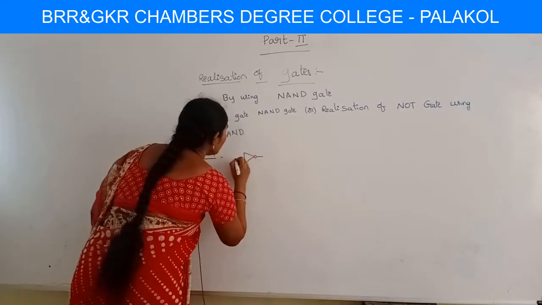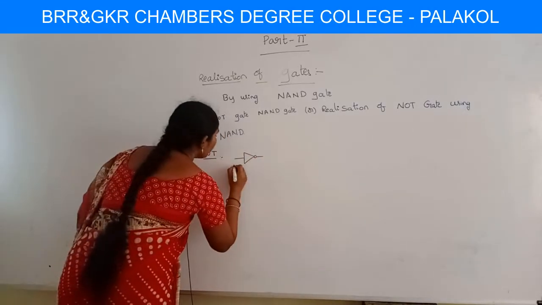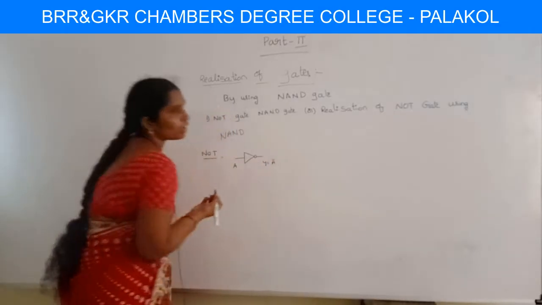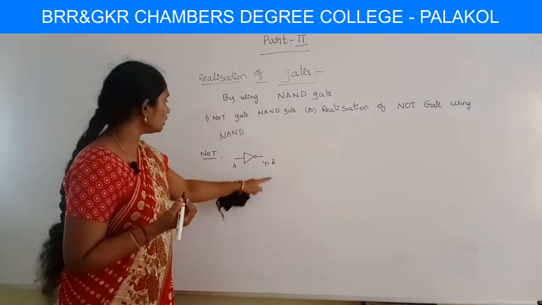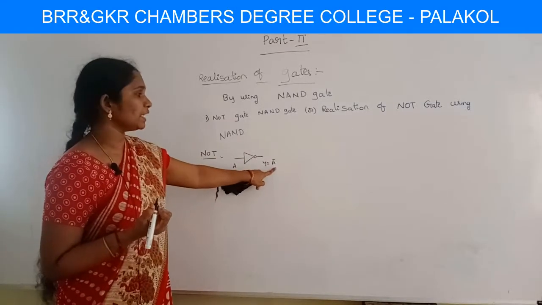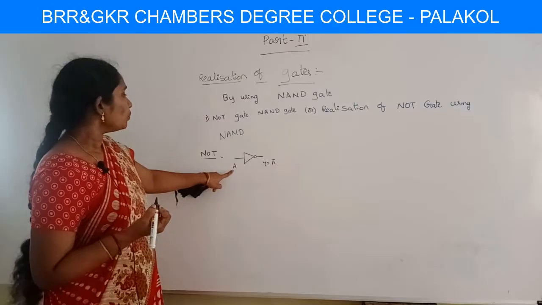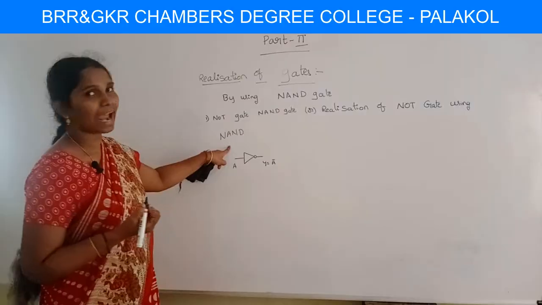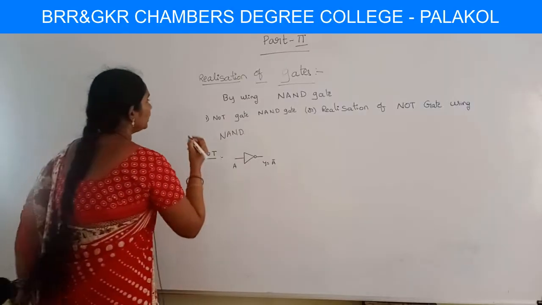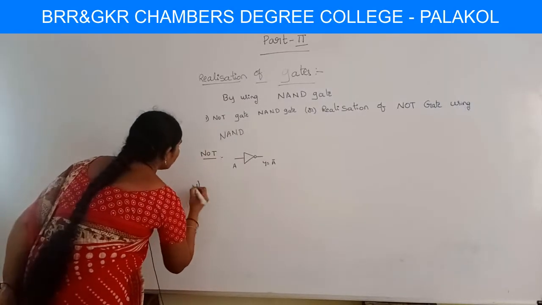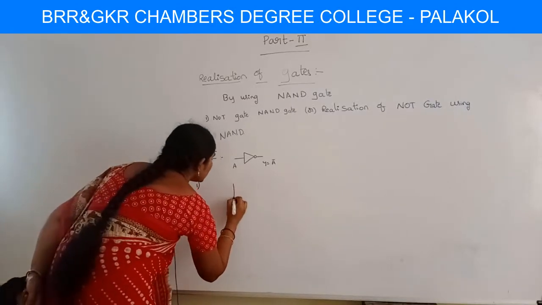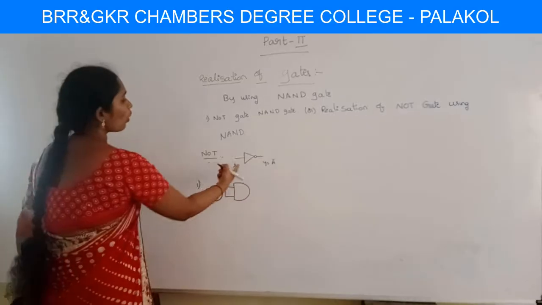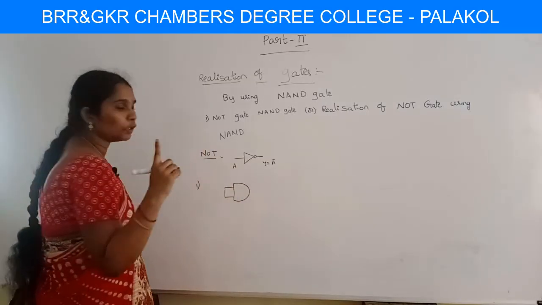When we apply an input A, the output is equal to A bar, that is y is equal to A bar. We have to implement this output by using the NAND gate. The NOT gate has only one input.